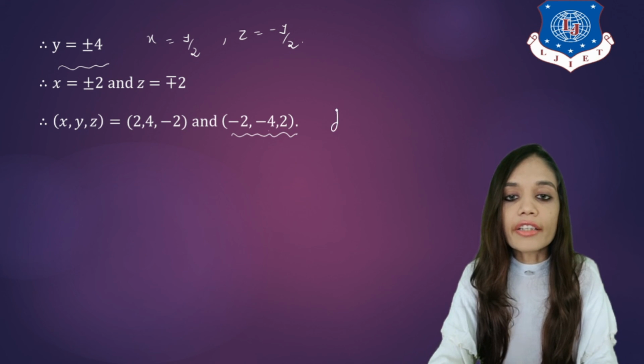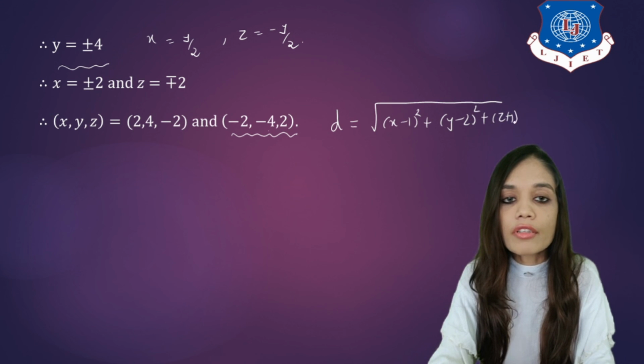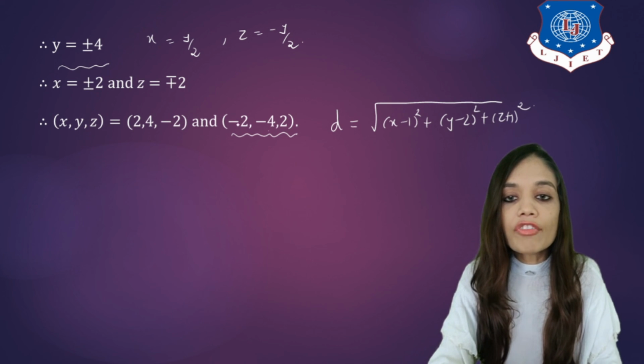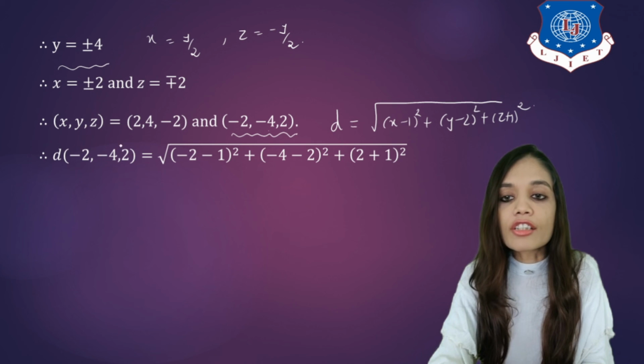Now we know that d is equal to the square root of (x minus 1) whole square plus (y minus 2) whole square plus (z plus 1) whole square. Now we will put these 2 points. Therefore, firstly we will put this point, that is d at (minus 2, minus 4, 2).